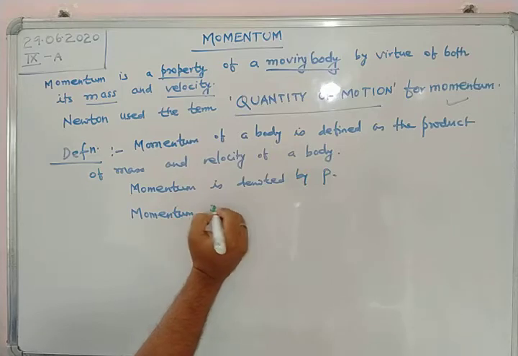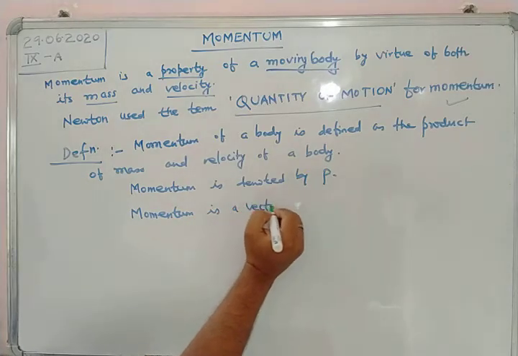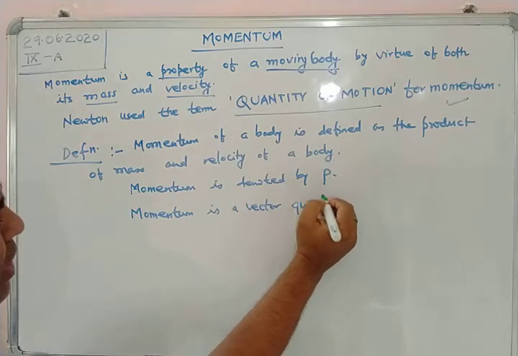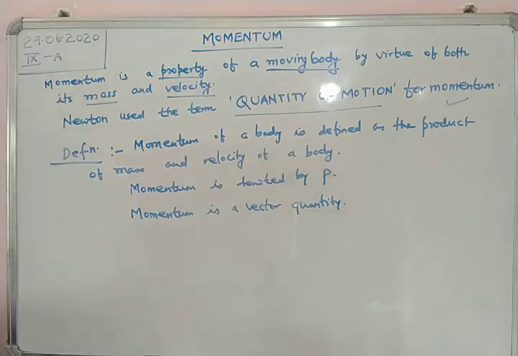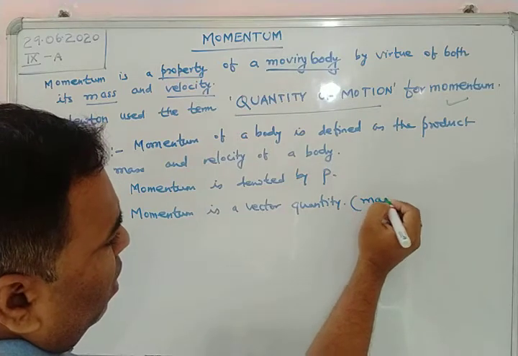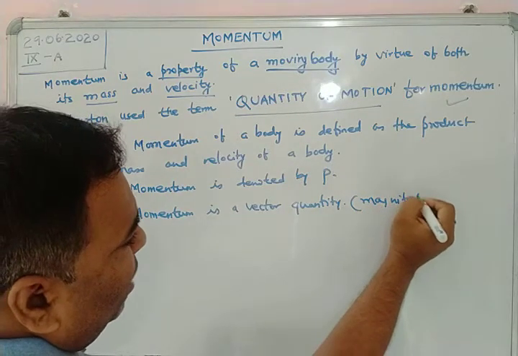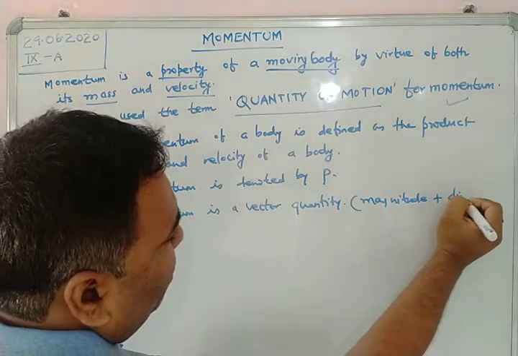Saying vector quantity means what? Having magnitude as well as direction. It has both magnitude plus direction.